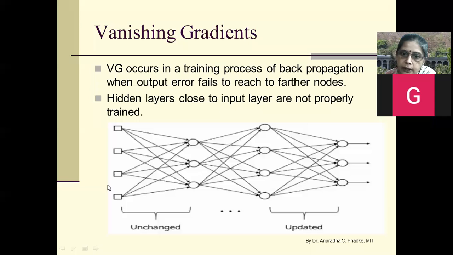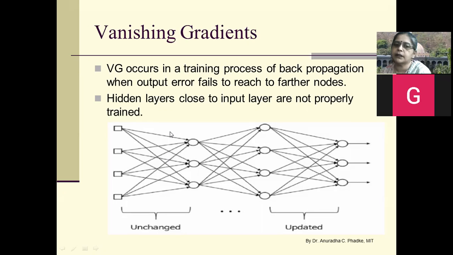So this problem is known as vanishing gradient, and it takes place in deep neural networks because there are many layers, and there are some other reasons. Vanishing gradient occurs in the training process of back propagation when the output error fails to reach the farther nodes. When your gradient becomes 0, it is not possible to reach the layers farther from the output layer, and hidden layers close to the input layer are not properly trained.